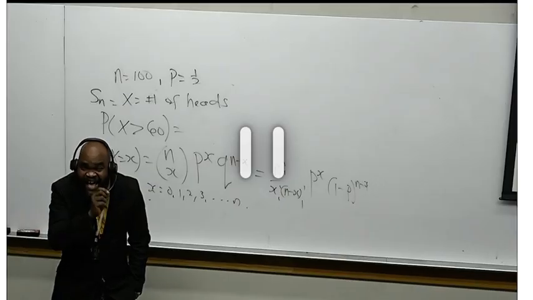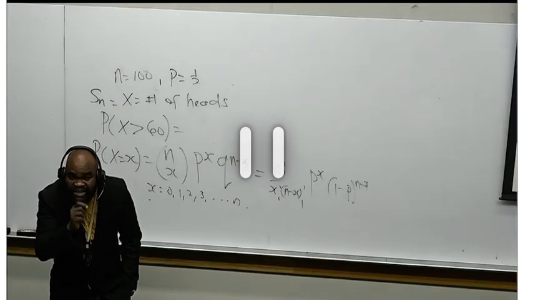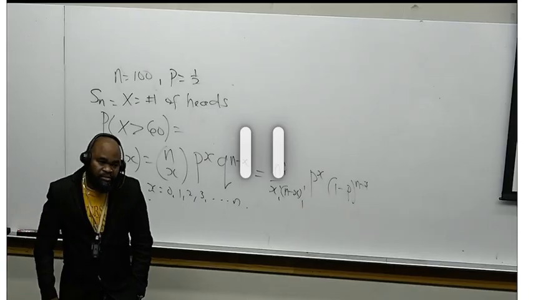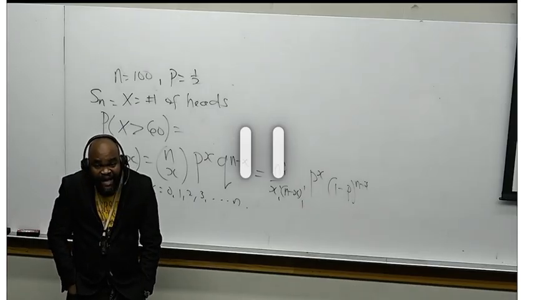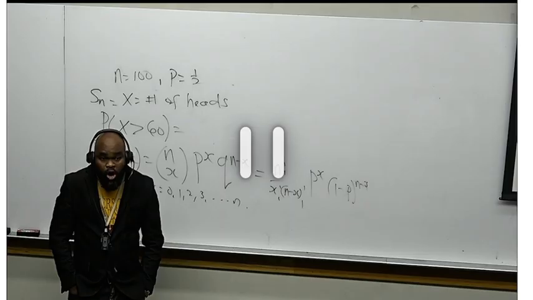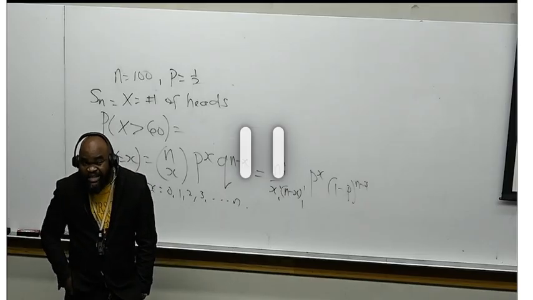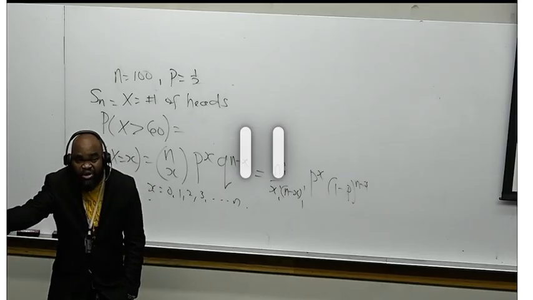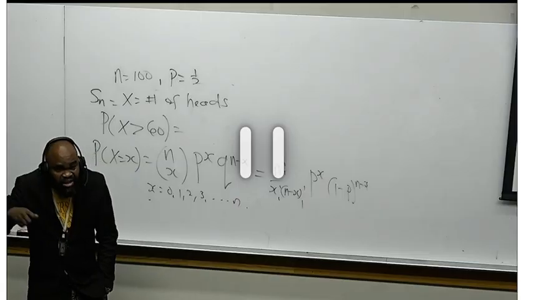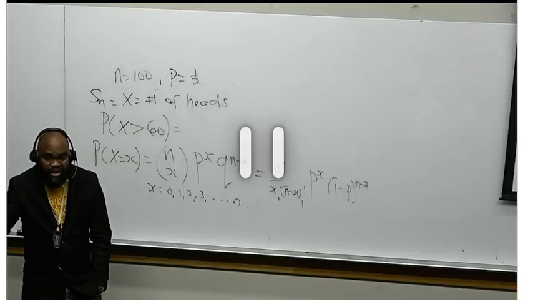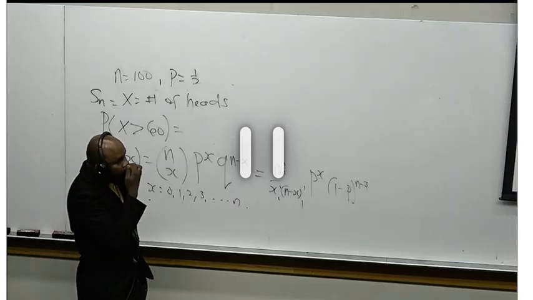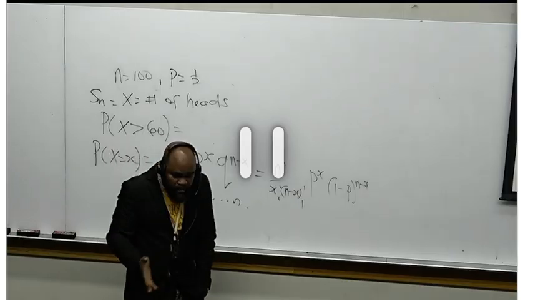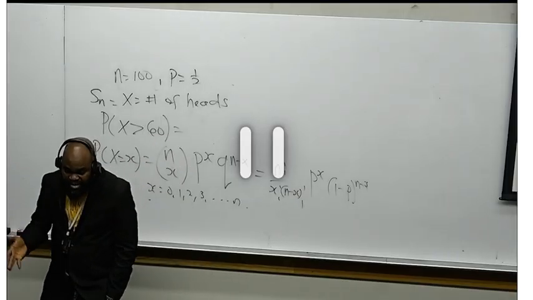When they say exact probability of E, we're referring to binomial, because the binomial will give you exact results. Other approximations will give you only approximate results. An approximate result is not exact. Does that make sense?